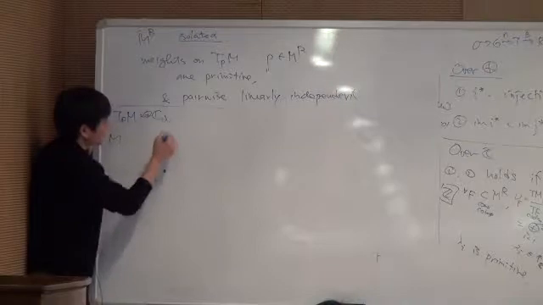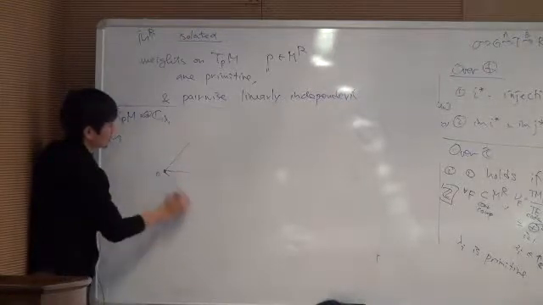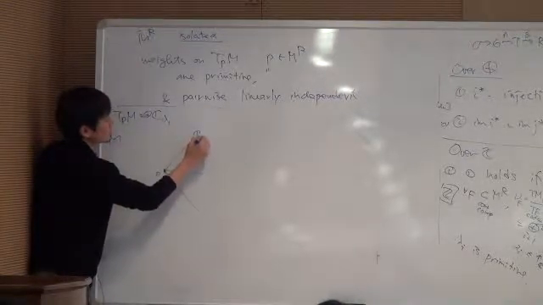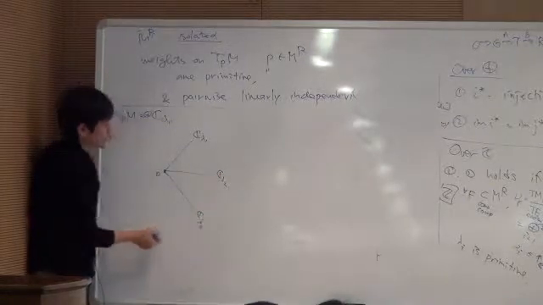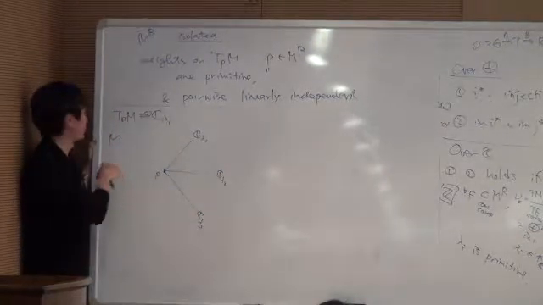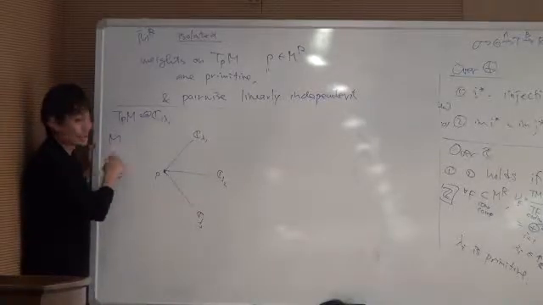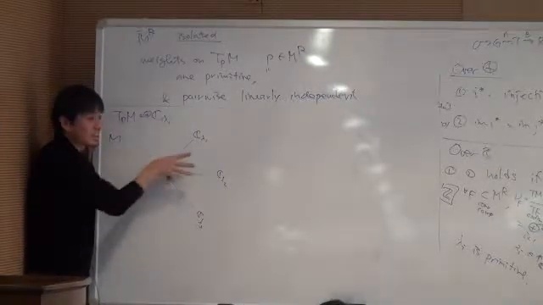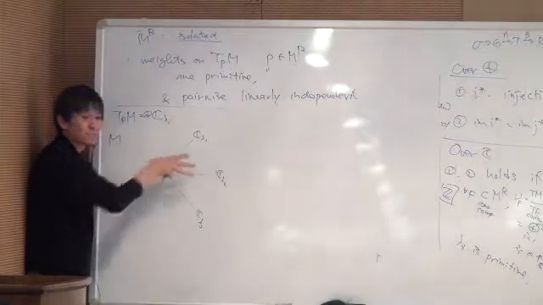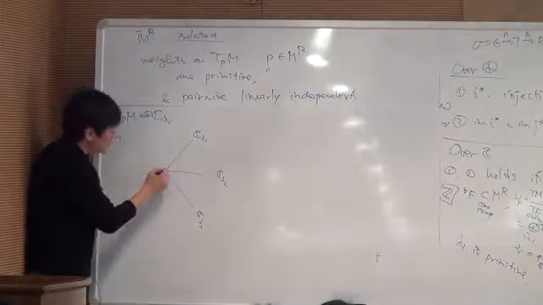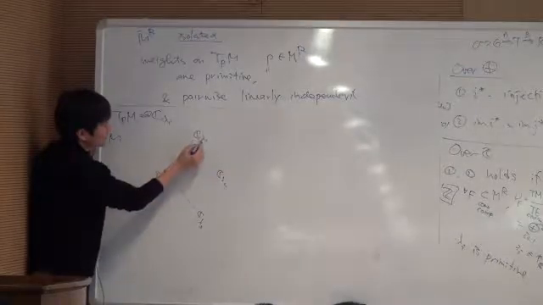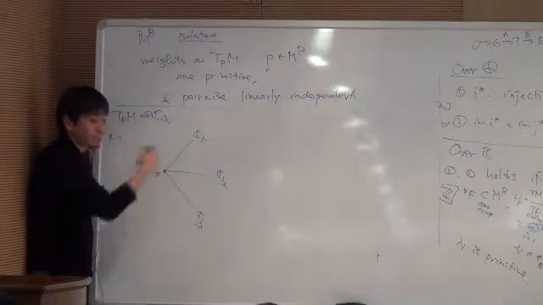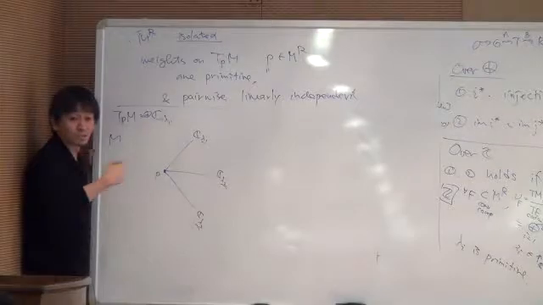So for each, say this is C of lambda 1, C of lambda 2, C of lambda 3. Let's say it is a 6-dimensional symplectic manifold, so that you have 3 irreducible representations. So there are 3 directions, and for each direction, lambda 1, lambda 2, lambda 3, the torus action is non-trivial.